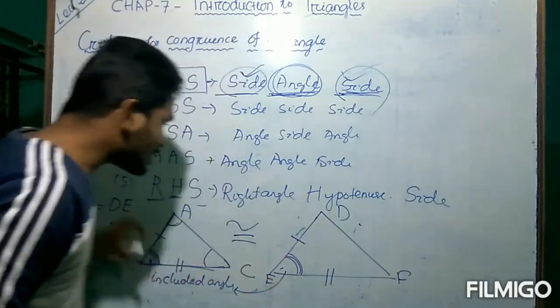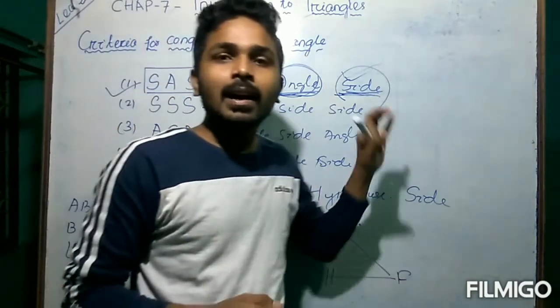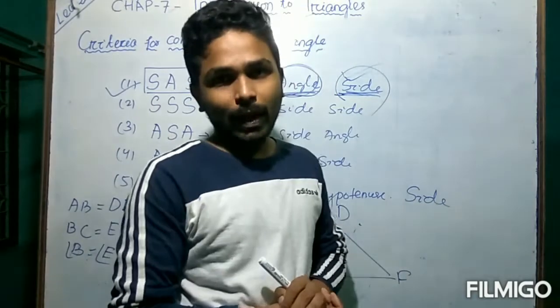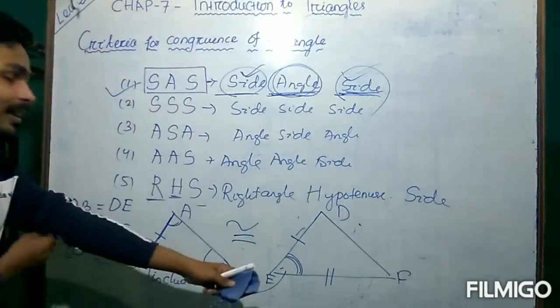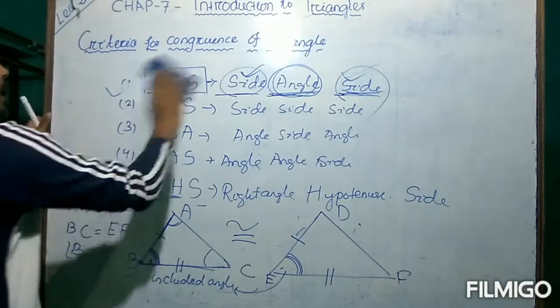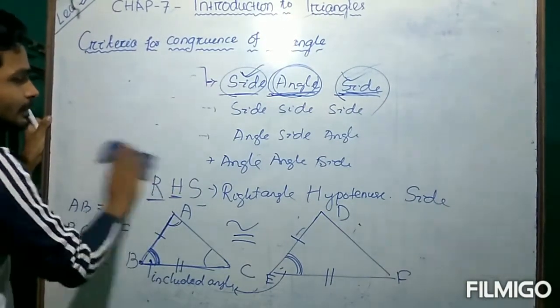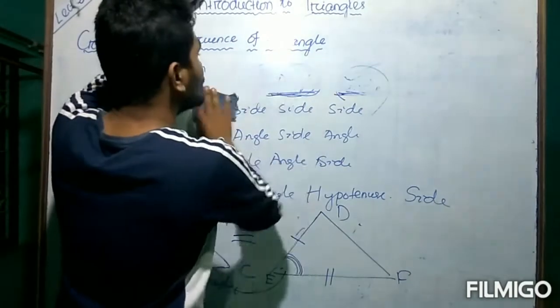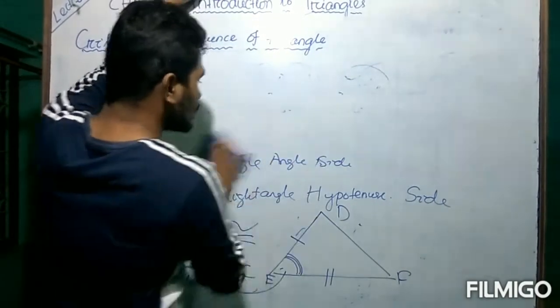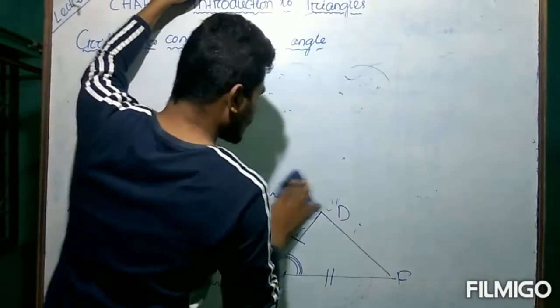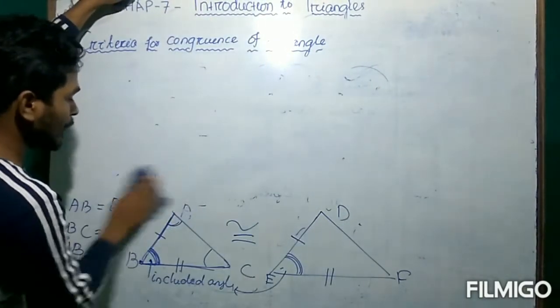Now this concept is also known as axiom number 7.1. Let us first understand it. First we will write the statement of axiom 7.1.